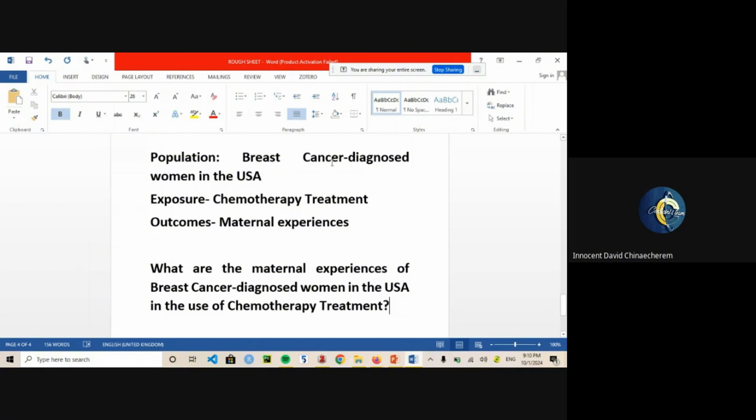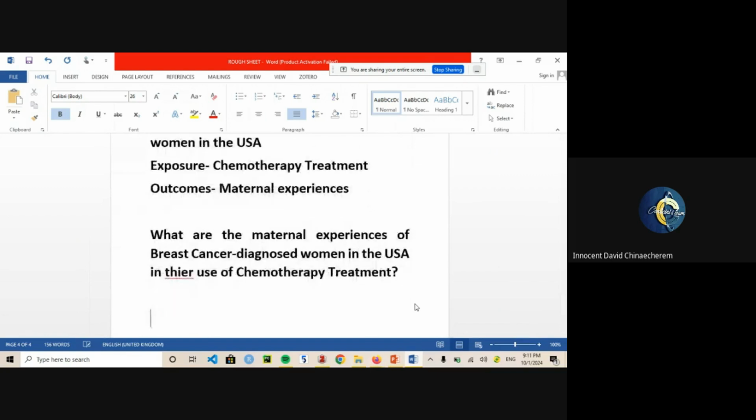My population is breast cancer diagnosed women in the USA. Exposure is chemotherapy, what they're exposed to, chemotherapy treatment. My outcome is maternal experience. So I'm now asking, what are the maternal experiences of breast cancer diagnosed women in the USA in their use of chemotherapy treatment? So this is a qualitative study.